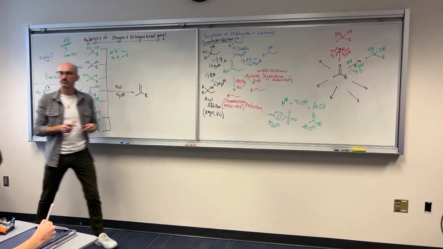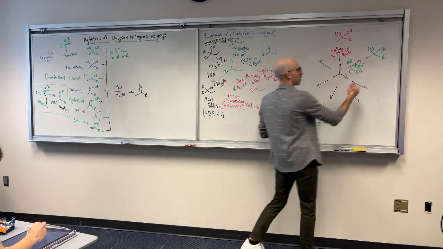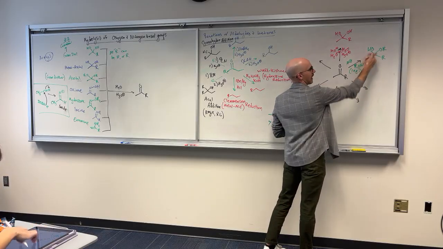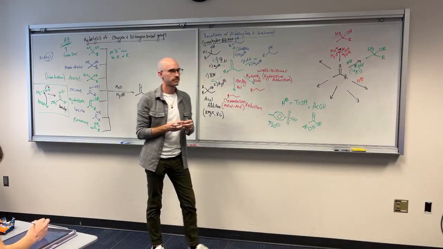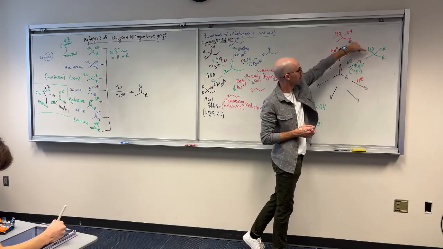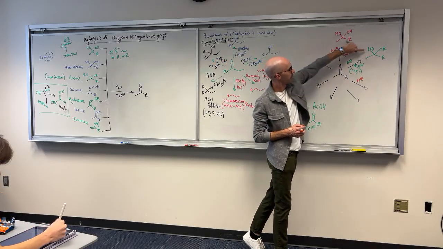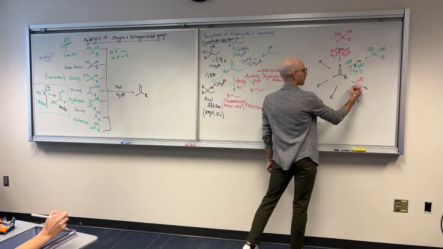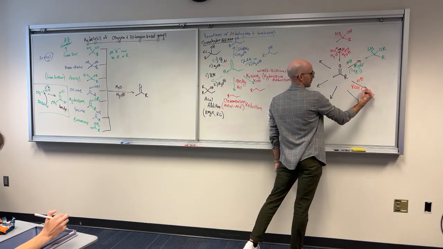Do we make hydrogen gas? No. Where does the other hydrogen go? The H from the alcohol goes to the oxygen of the carbonyl. And the acid is a catalyst. Acid catalyzed, yep.